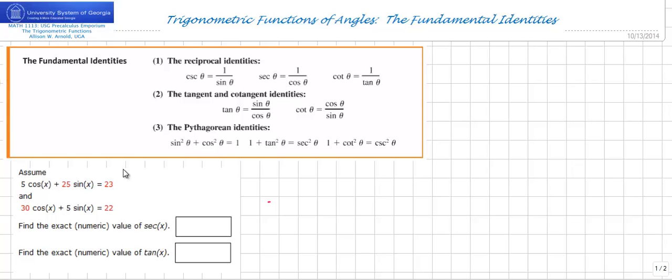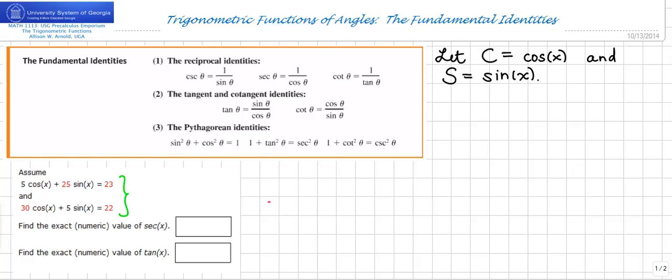Now at first glance, most students look at this and think, oh no, what in the world is that? I'd like to try to make it easier for you. Let's let capital C represent the cosine of x, and let's let capital S represent the function sine of x.